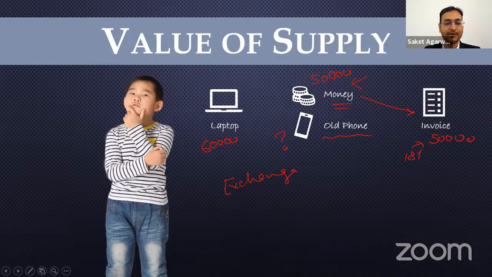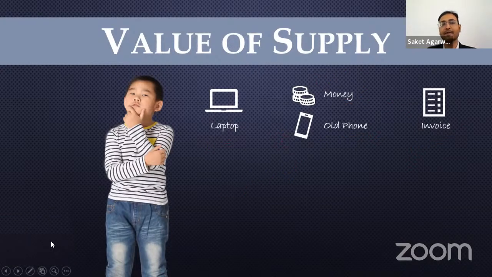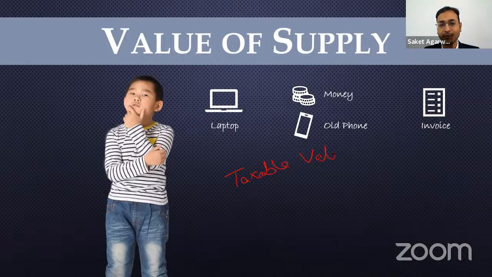So these are some of the complications which may arise, and the topic value of supply gives us the clarity of how much should be the taxable value in these different situations. This taxable value is referred to as value of supply.